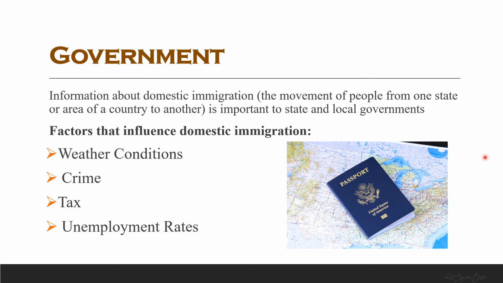And also, we could use regression analysis in government, governance, and political sciences. Information about domestic migration, or the movement of people from one state or area of a country to another, is important to state and local government. There are a lot of factors that influence domestic migration: the weather conditions, the crime, the tax, and unemployment rates.